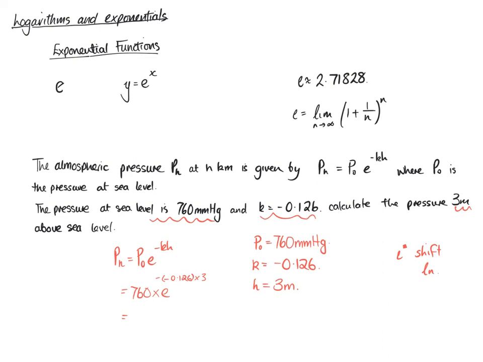It's just below log and just above tan. Into there you put the values and you'll get 1109.115, which is approximately 1109.1 millimeters of mercury.